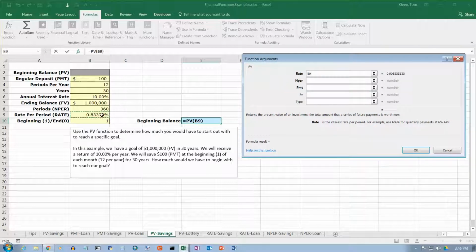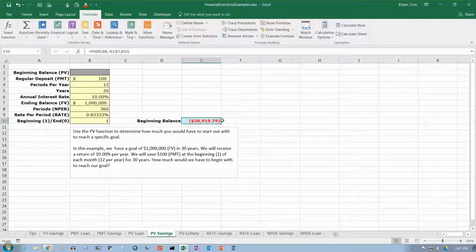It is this number right here. What is the number of periods? It is 360. What is the payment going to be? It's going to be minus, and where's my payment? My payment is right here, so minus 100. The future value is how much I want to end up with at the end, and the type is whether we're paying at the beginning or the end. Click on that, and we can click on OK.